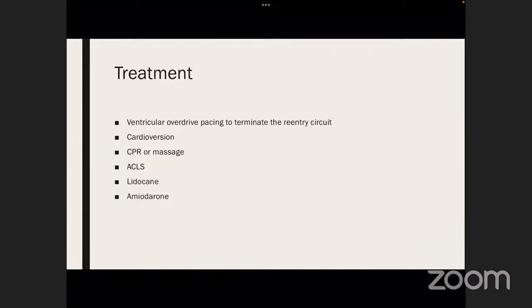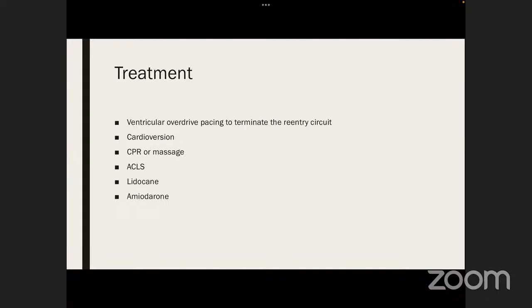For the treatment of both VT and VF: in VT, ventricular overdrive pacing can be used to terminate the re-entry circuit. Cardioversion depends on whether the patient is stable or unstable.